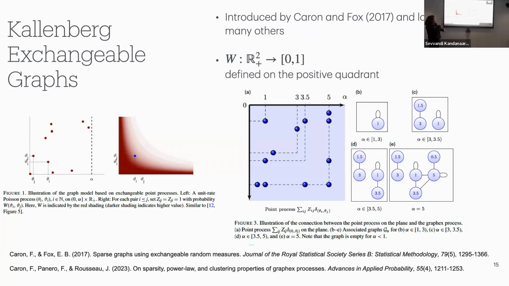But if we model on the full positive quadrant with this continuous sampling method, we can get sparse graphs, right? And of course they use different theoretical properties of Kallenberg exchangeability to do this.